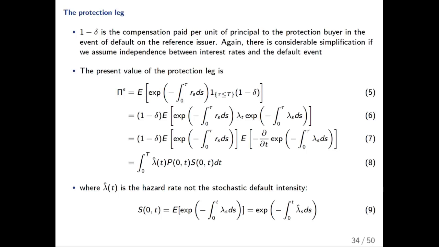The probability of defaulting in period 2 is the probability that I don't default in the first period, multiplied by the probability that I do default in the second period.